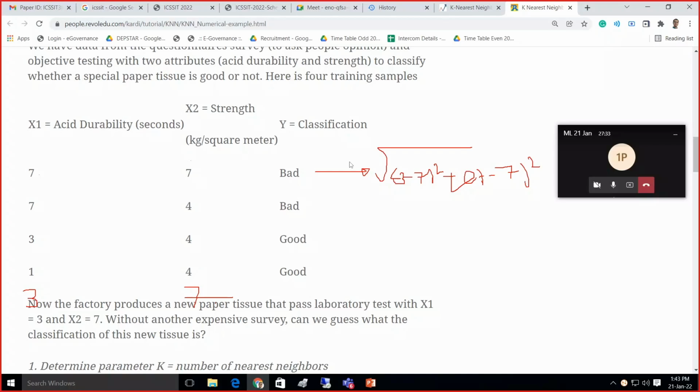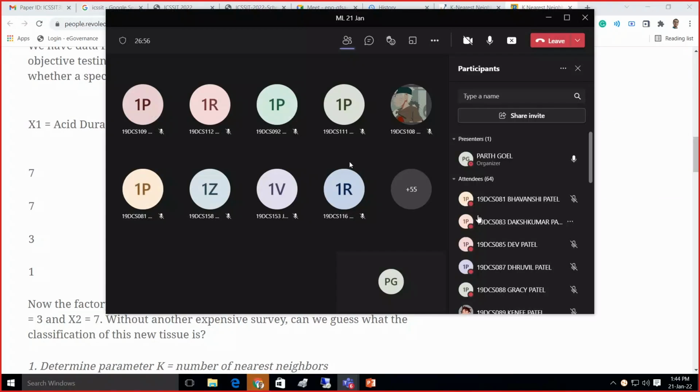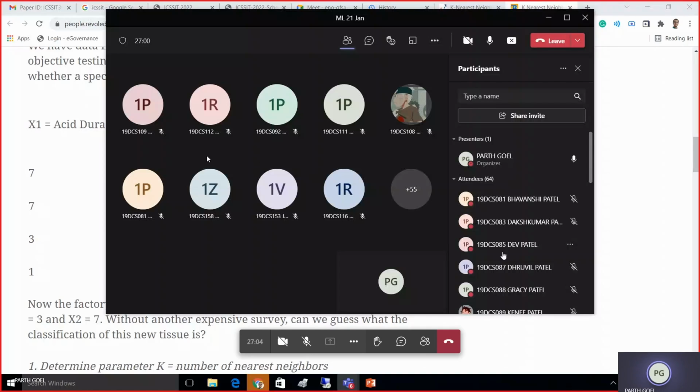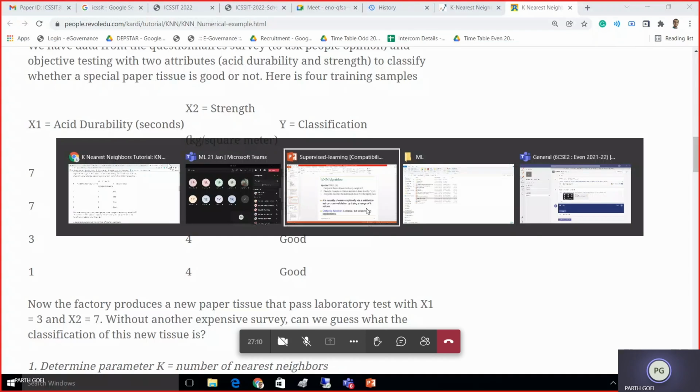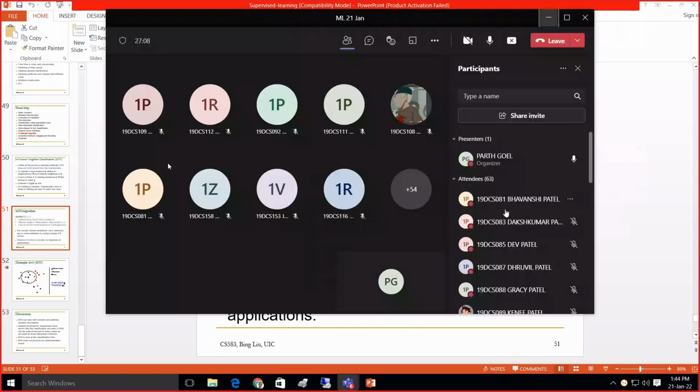For the second one, can anyone reply what is going to be there? Under root of, what would be the answer? Bolo? Dev Patel? Dev Patel is not here.